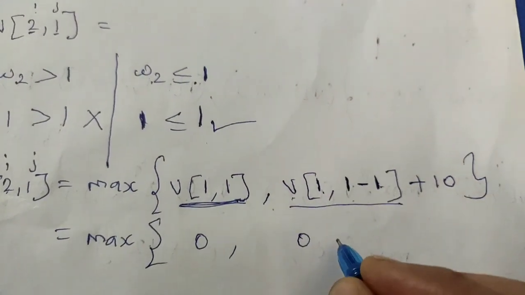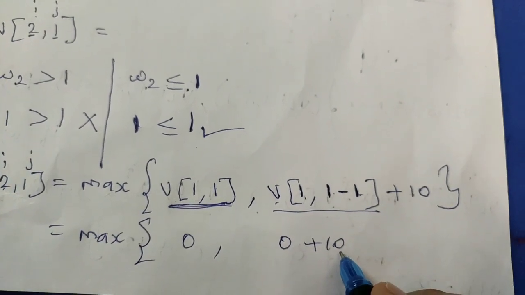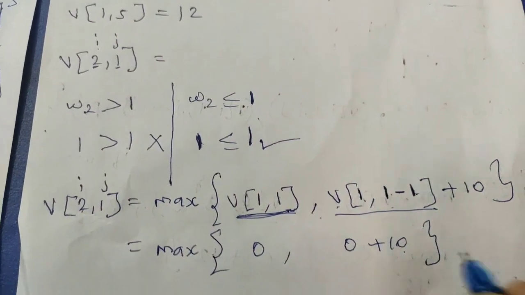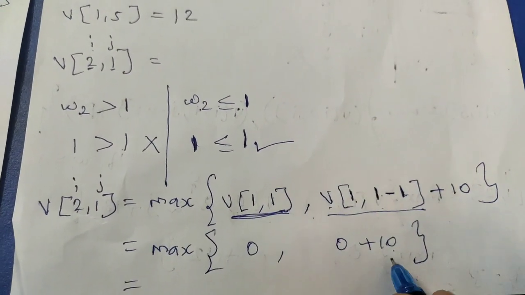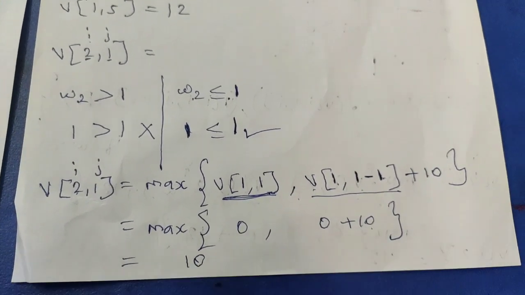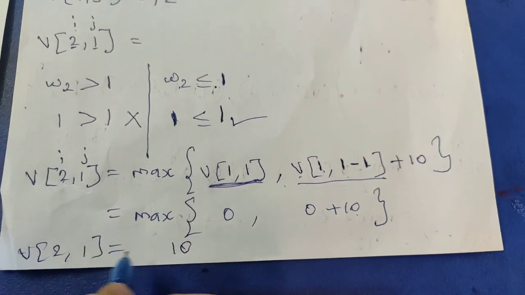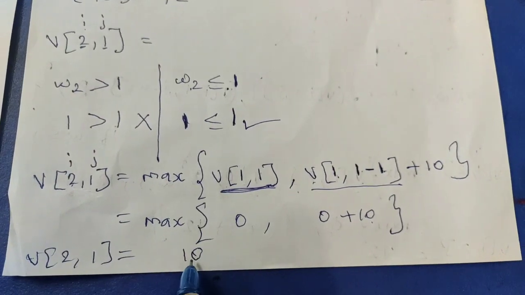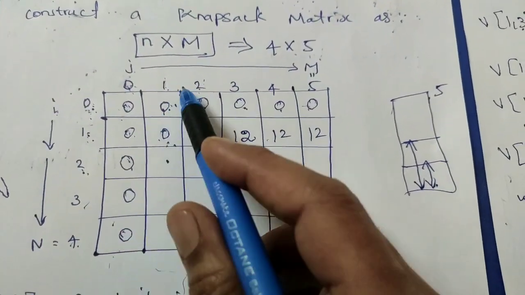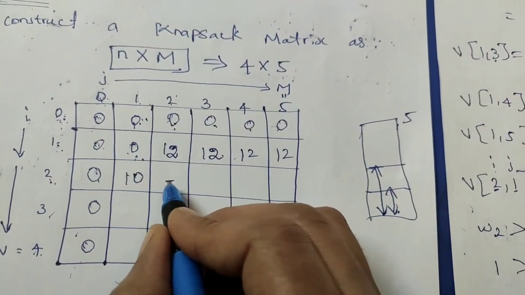So this is also 0, plus the value 10. Out of these two values, which is maximum? The value 10 is maximum. Go to the location V of 2 comma 1 and update the value as 10. So in the knapsack matrix, at 2 comma 1, the value I found is 10. The next location to find is this one.